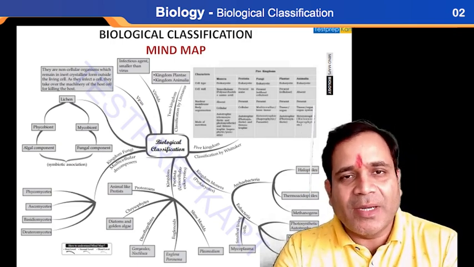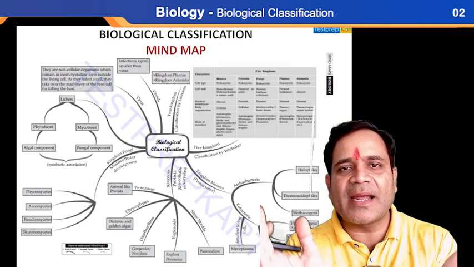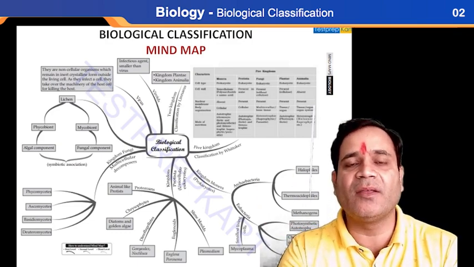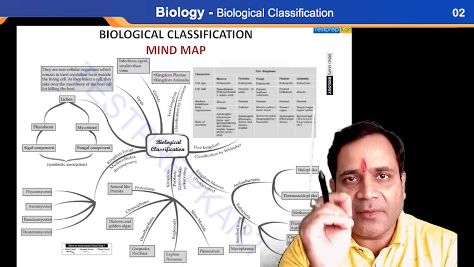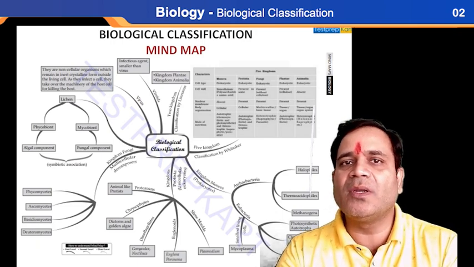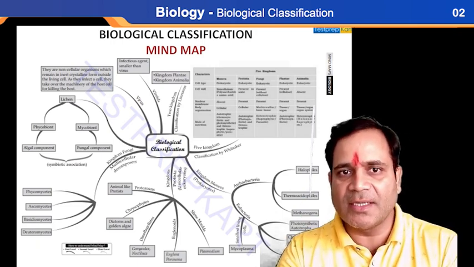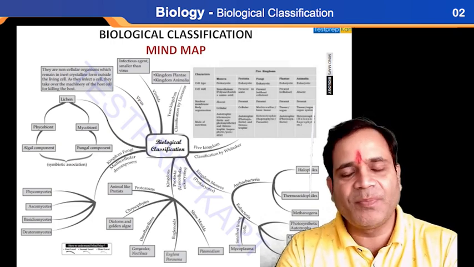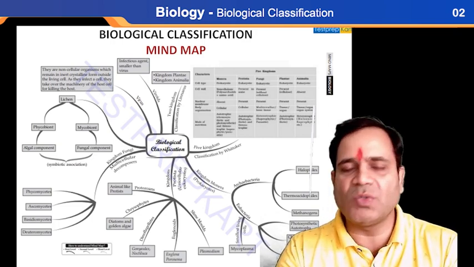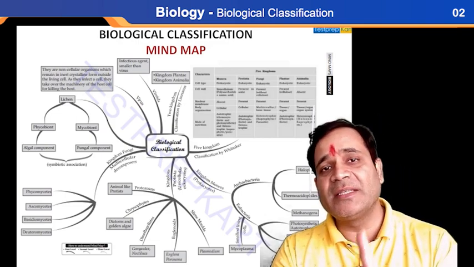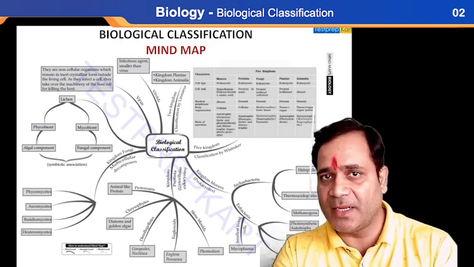Okay, so let's see how we summarize all the things whenever we learn or read this chapter. One thing I'd like to clarify, my dear: this mind map is only helpful for those students who have already studied this chapter and completed their topic.